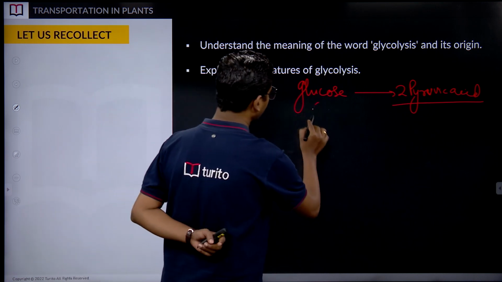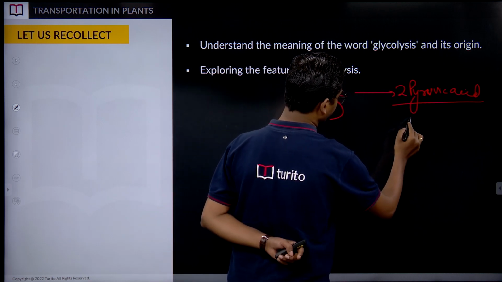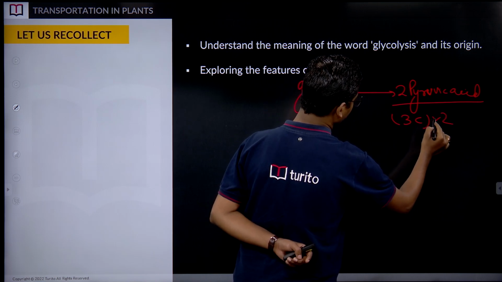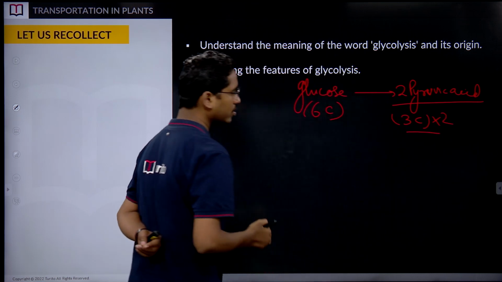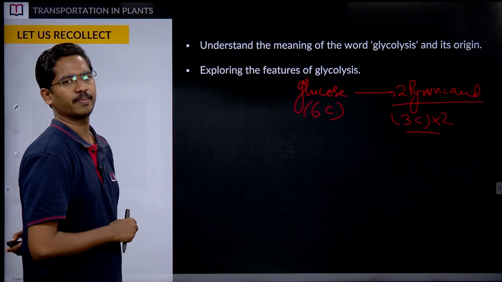If you remember, this glucose was a 6 carbon molecule and there are 2 pyruvate, each of them having 3 carbon molecules. So, 3 multiplied by 2, because it forms 2 pyruvic acid molecules. That is what we learnt in the previous session, right.